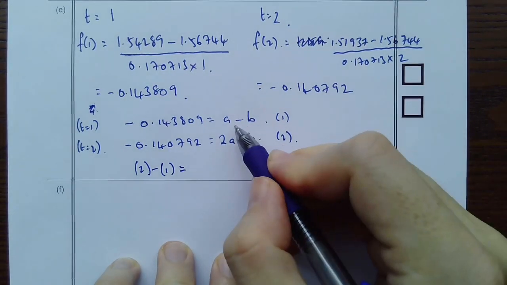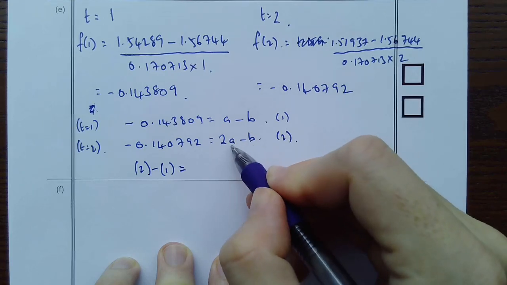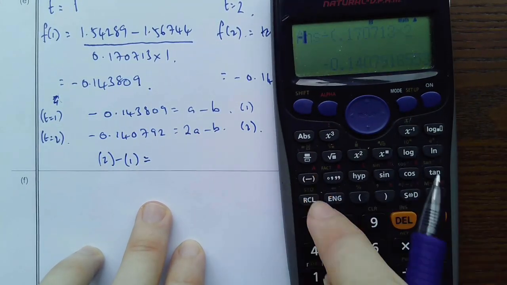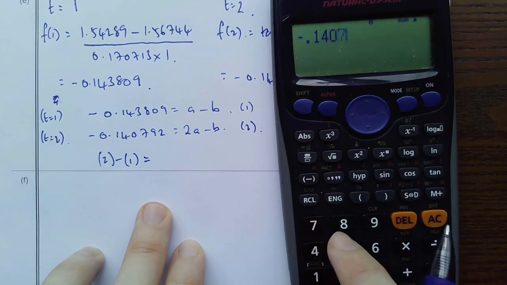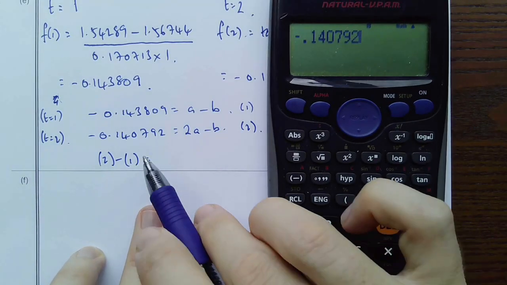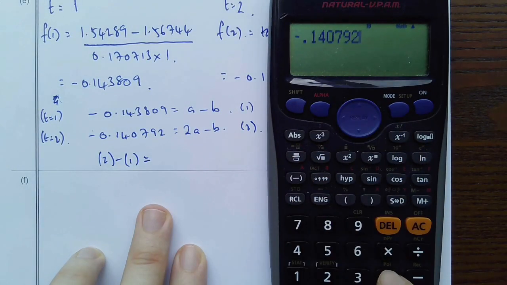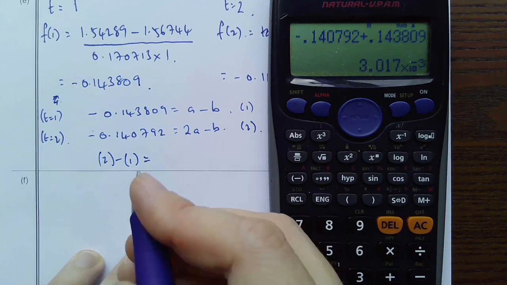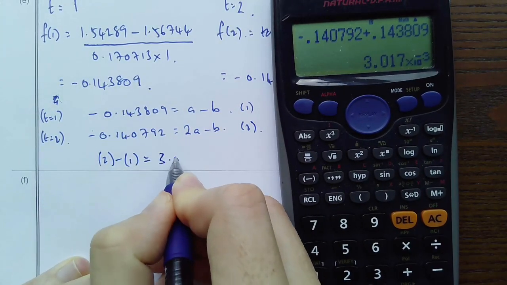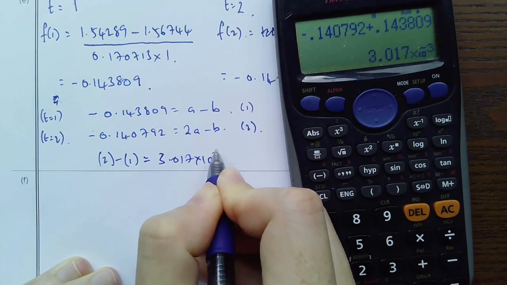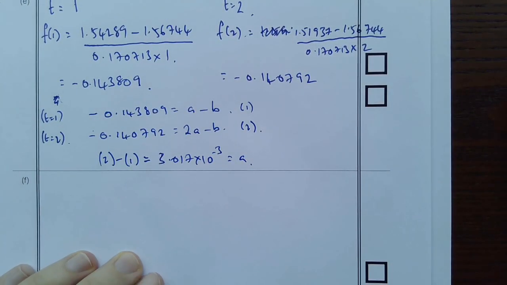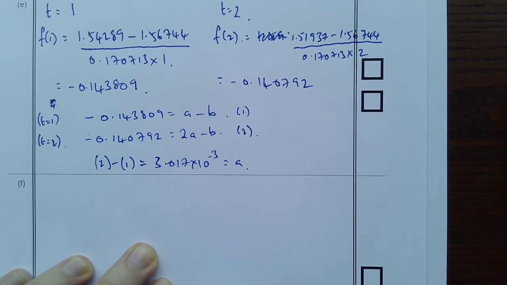And that's going to cancel my b's, and it's going to give me 2a minus a is a. So I'm going to do minus 0.140792, and I'm subtracting a negative, so it's going to be plus 0.143809, gives me 3.017 times 10 to the minus 3 equals a. And then I just need to find b.